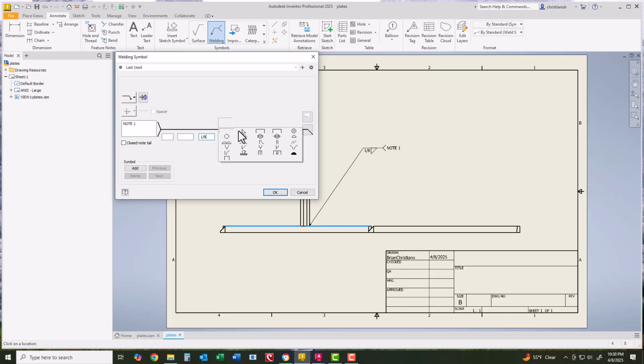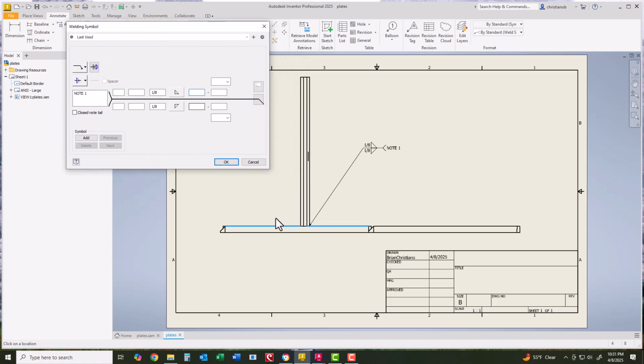And up here, I'm going to put another fillet because I want it welded on both sides of this plate. So what I want is a bead on this side and a bead on this side that runs perpendicular to the page there.